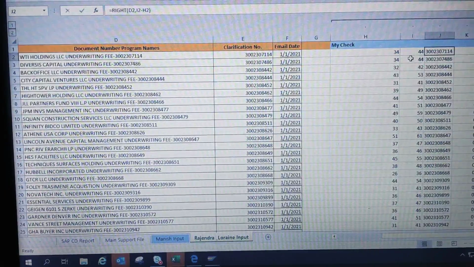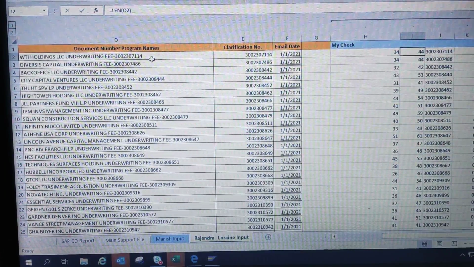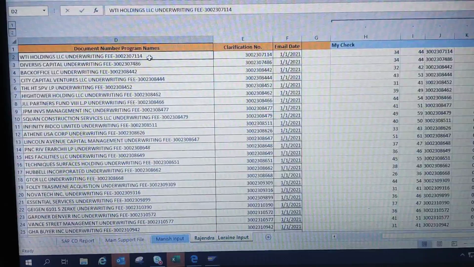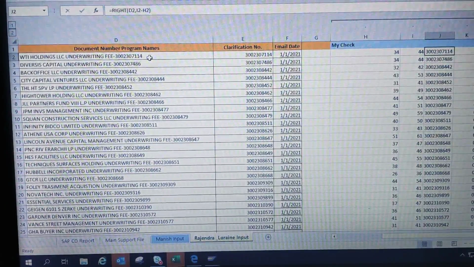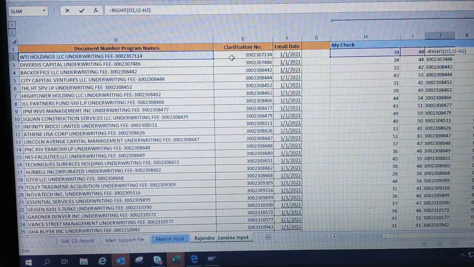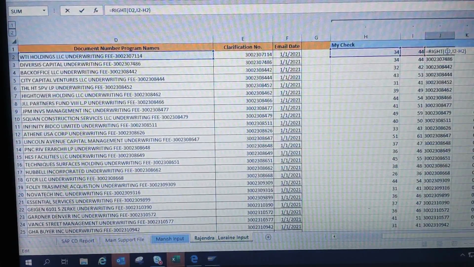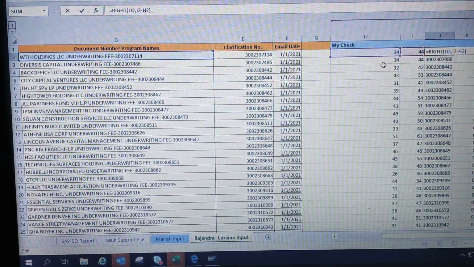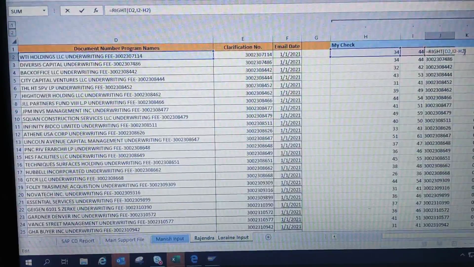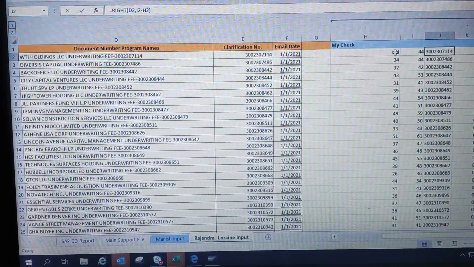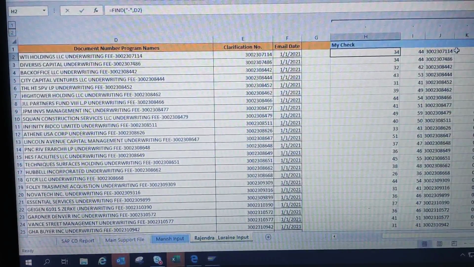As this number is at the right side, the third formula which we would be using is RIGHT. So RIGHT, using the cell in which we have to work, now I2 minus H2, that means total length minus the position of the dash in it.